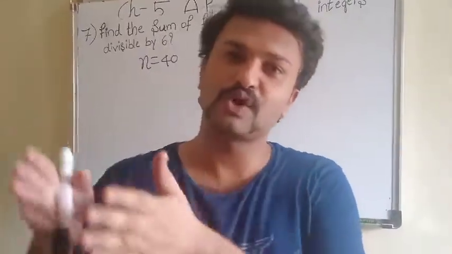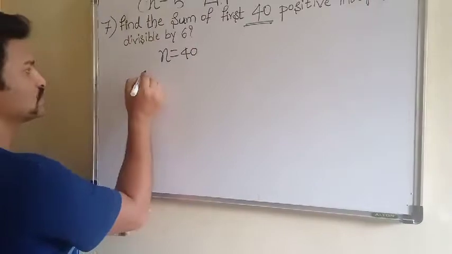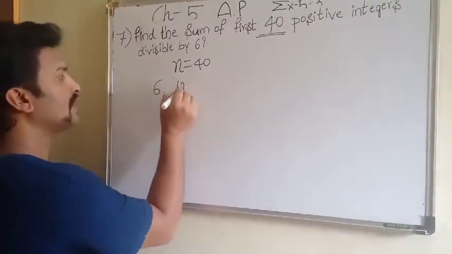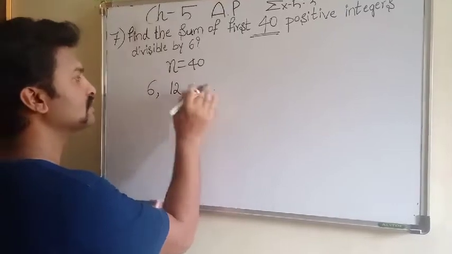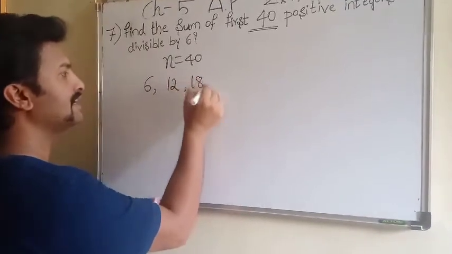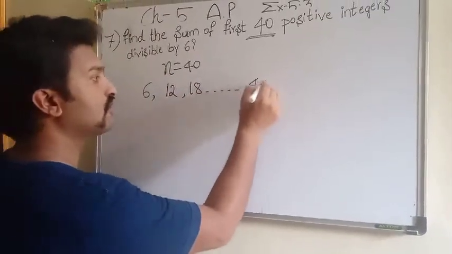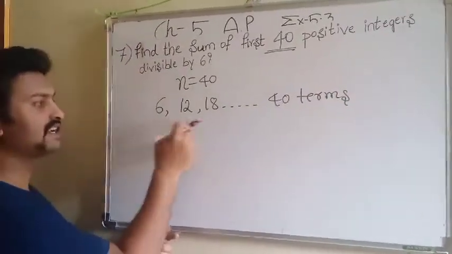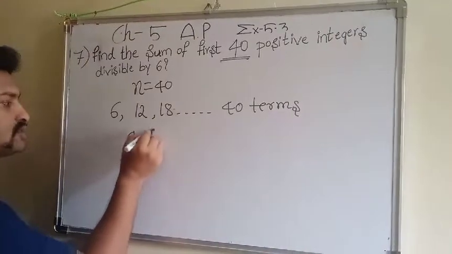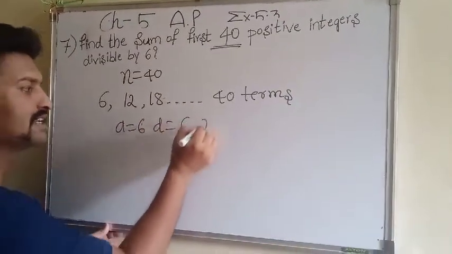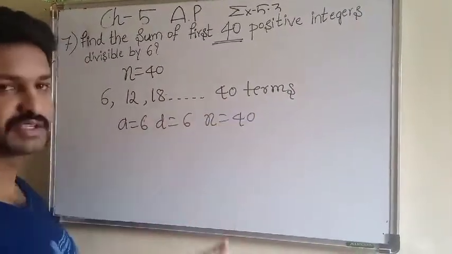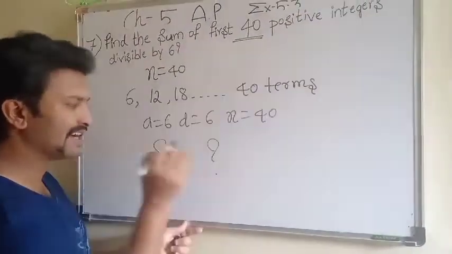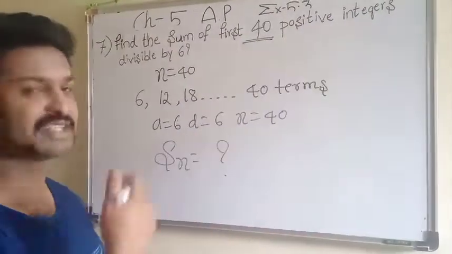A equals 6, and the next term 12, the third term 18, and so on up to 40 terms. A is there, D is there: A equals 6, D equals 6, n equals 40. Just substitute in this formula, you will get the answer. So solve this one and send.